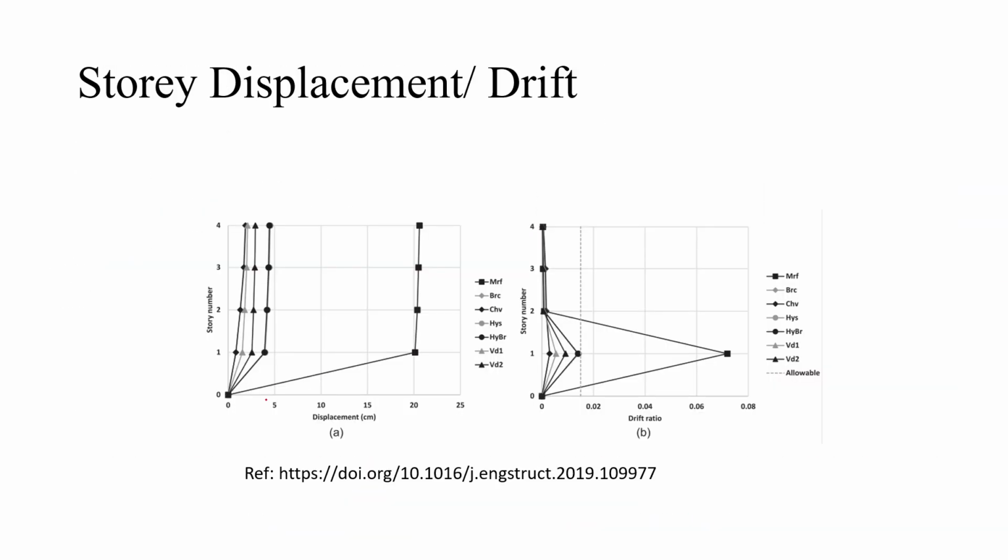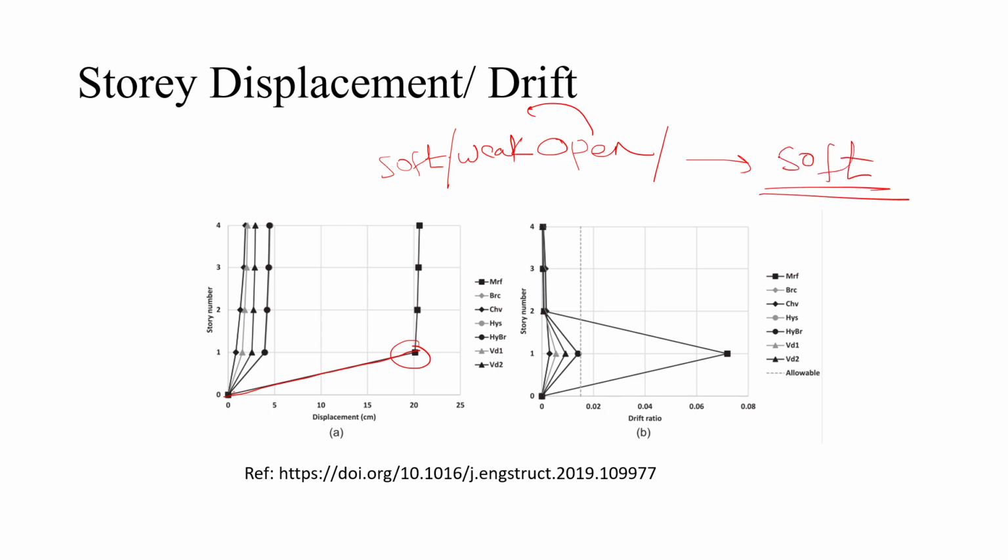Here also you can see a large displacement at the ground story. So this is the reason why the open ground story fails. But this open ground story condition or soft story condition can be anywhere in the building. Generally, an open ground story is soft as well as weak, but it is generally considered as soft.